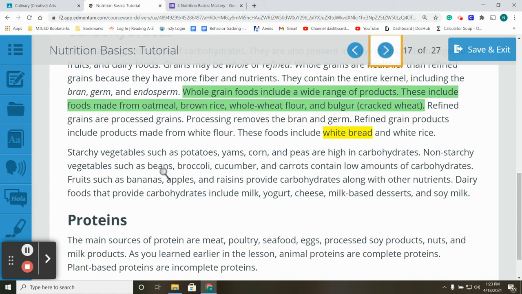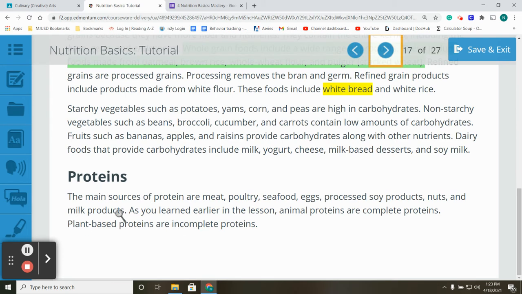Non-starchy vegetables such as beans, broccoli, cucumber, and carrots contain low amounts of carbohydrates. Fruits such as bananas, apples, and raisins provide carbohydrates along with other nutrients. Dairy foods that provide carbohydrates include milk, yogurt, cheese, milk-based desserts, and soy milk.